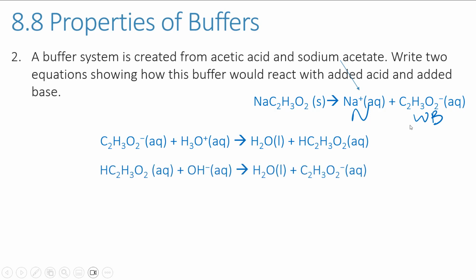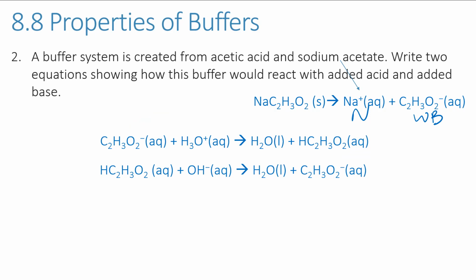So if I were to take my acetate and react it with acid, then the acetate would accept an H+, forming acetic acid. Now it's important that this acid is a weak acid. That means that it's not going to dissociate back into H+ and acetate minus to a large extent. It's mostly going to store that H+ in the form of acetic acid.